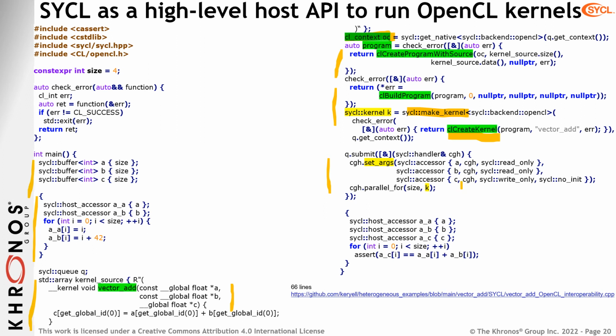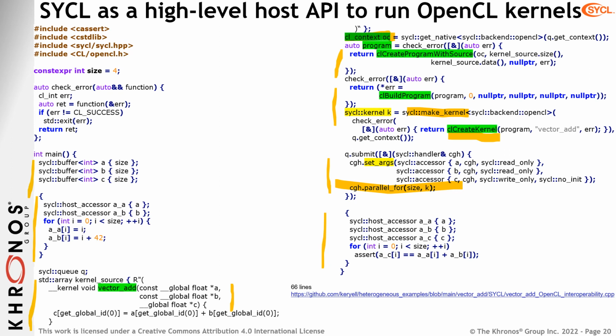And then we can just call our kernel here with a parallel for with an explicit call on the kernel K. And at the end, we can just get back the data to the host and check that the computation is correct.